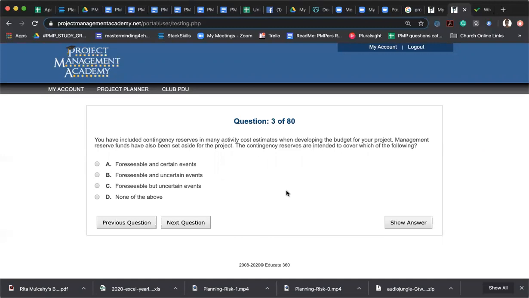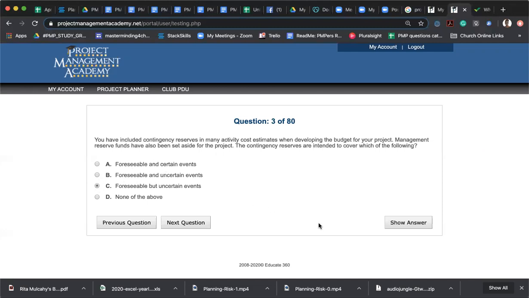Contingency, contingency. Okay, what's the difference between B and C? Foreseeable and uncertain events, foreseeable but uncertain events. I'm gonna go with C. I think the word "and" is confusing me.